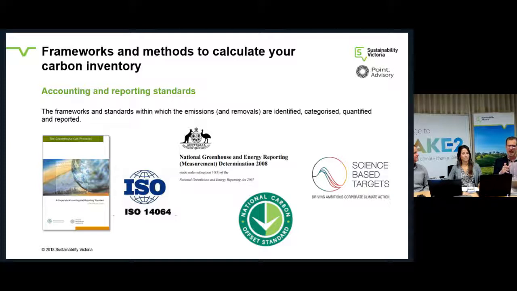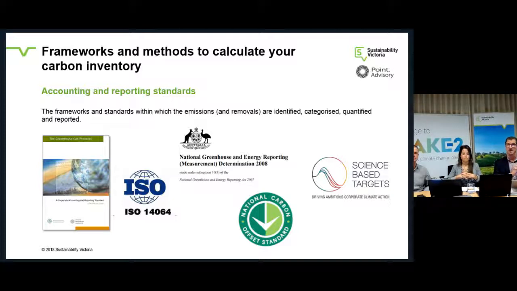In Australia, we have since 2008 had, as I've mentioned a couple of times, the National Greenhouse and Energy Reporting Scheme, or NGER scheme for short. NGER requires corporations above a certain threshold to report their energy consumption, energy production, and greenhouse gas emissions every financial year to the federal government.